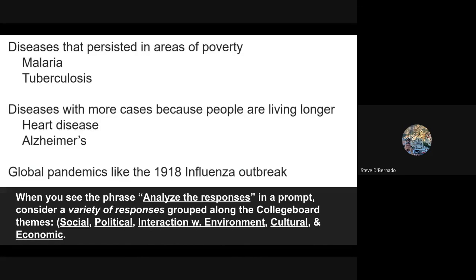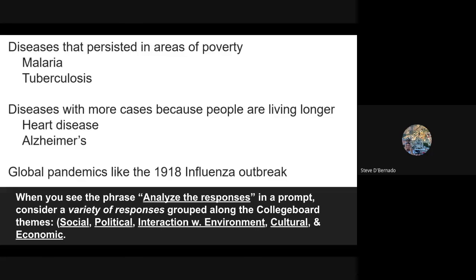What do we take away from all of this? Diseases that persisted in areas of poverty looked like malaria, tuberculosis, among others, right? Parasites. Diseases with more cases because people are living longer in first world strong industrial economies: heart disease and Alzheimer's. Global pandemics like the 1918 influenza outbreak had a variety of social, political, economic, cultural responses.